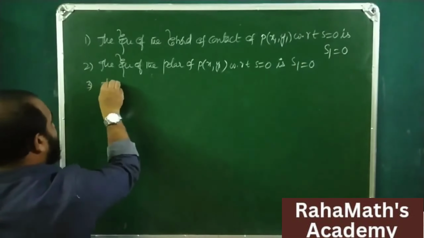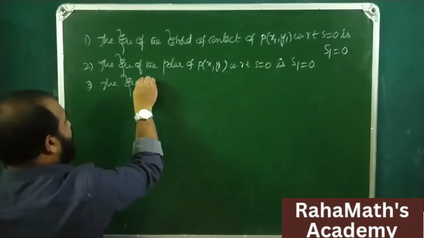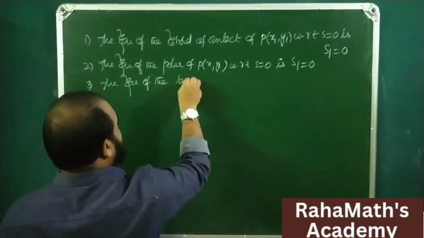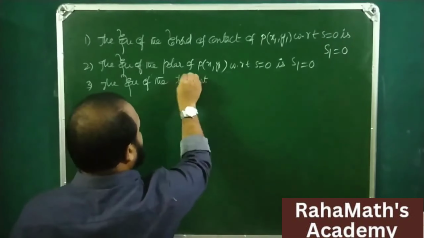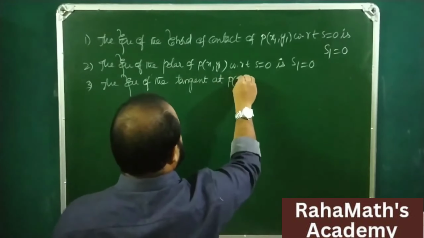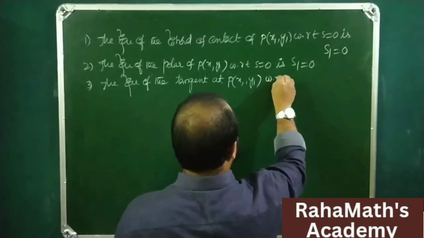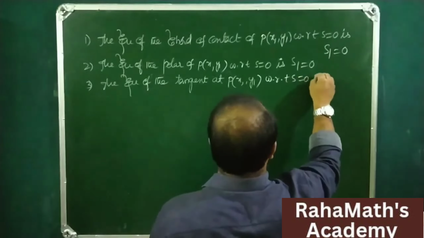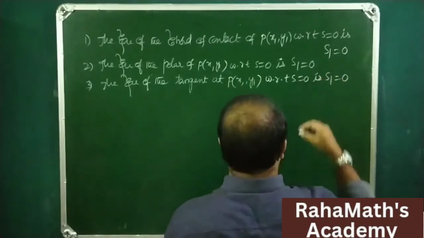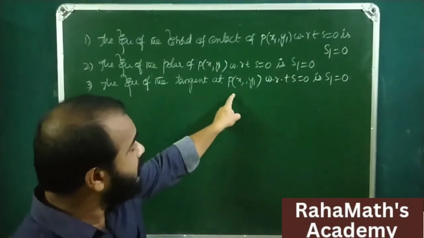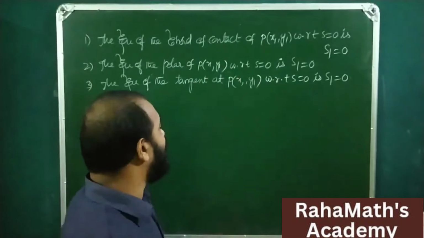The equation of the tangent at P(x1, y1) with respect to the circle S equals 0 is also S1 equals 0. For all these three, S1 equals 0, but the point is different, which we have discussed before.